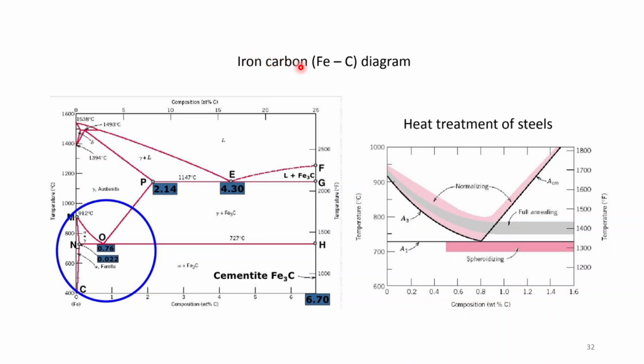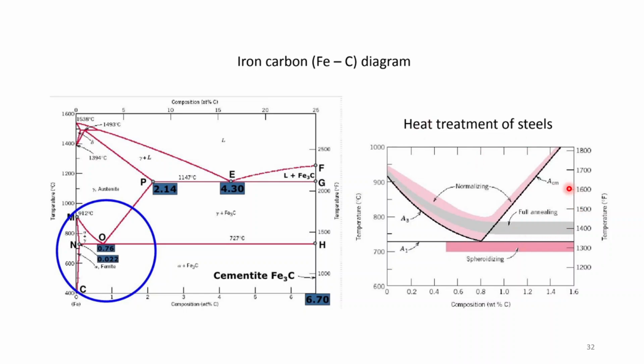First we have the iron carbon diagram. This is plotted up to 6.7%, which is the composition of cementite. Okay, and here this circle shows the composition up to steel, and after this you have cast iron.